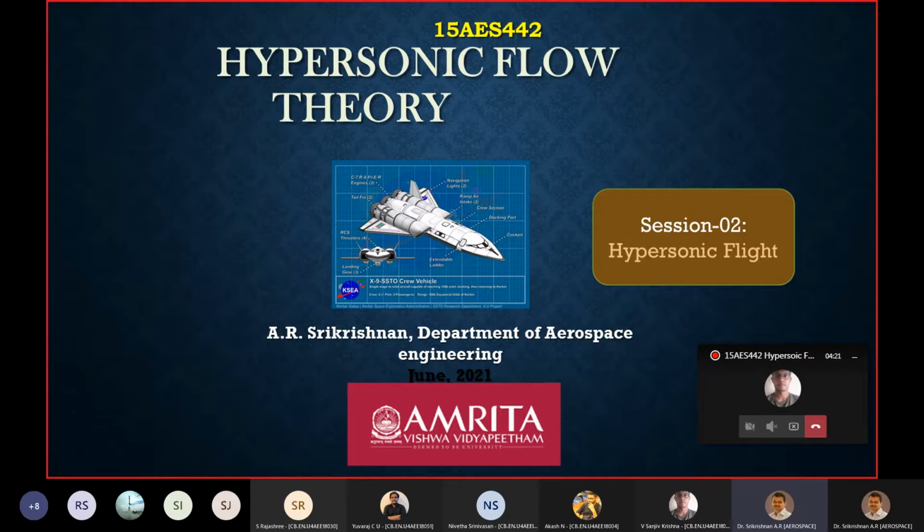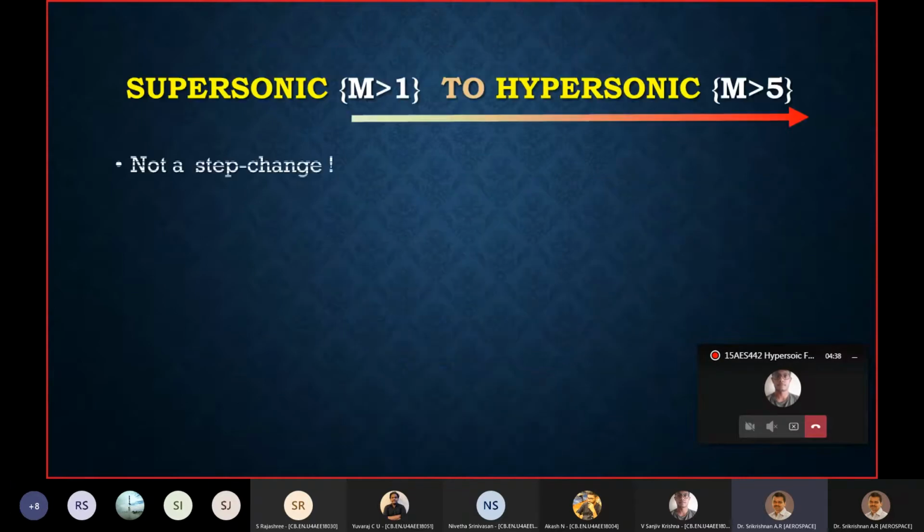So we need to have a basic insight into where we are going to make use of the analysis. That's where I try to plug in an introduction to some of the instances where hypersonic flow is encountered.